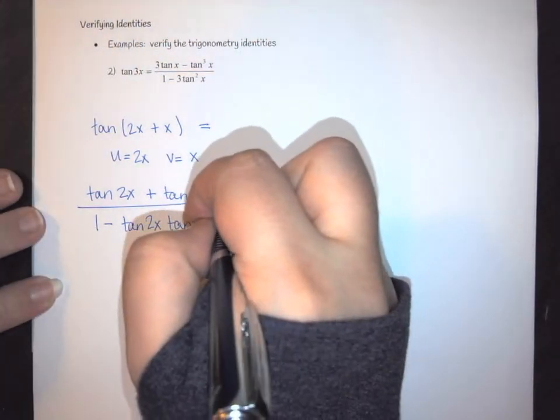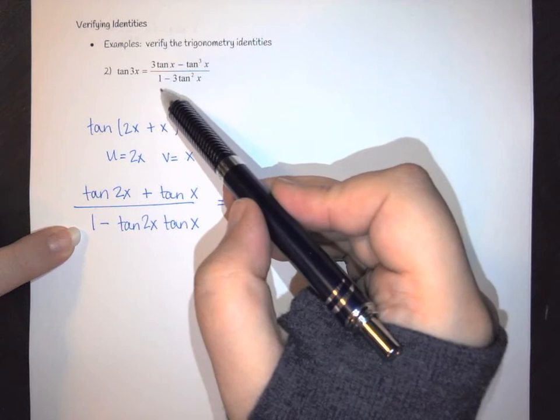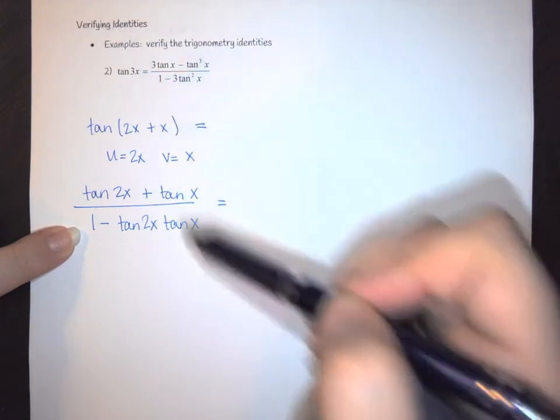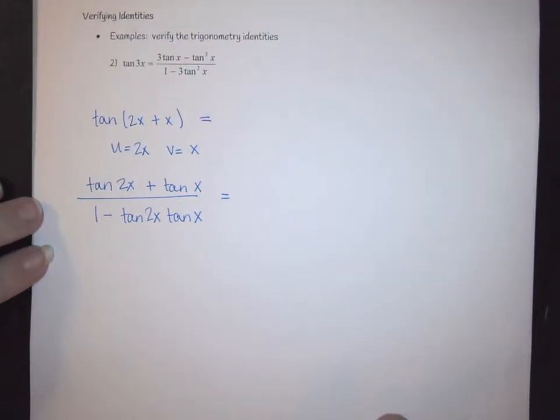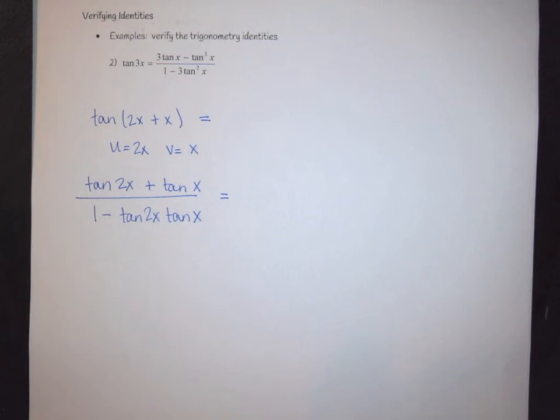So if you look at what this is supposed to equal, notice on the bottom I have this 1 minus piece. So I think I'm probably on the right track.